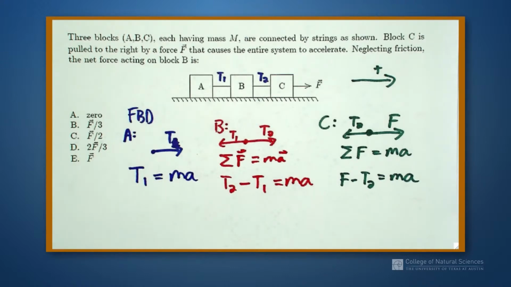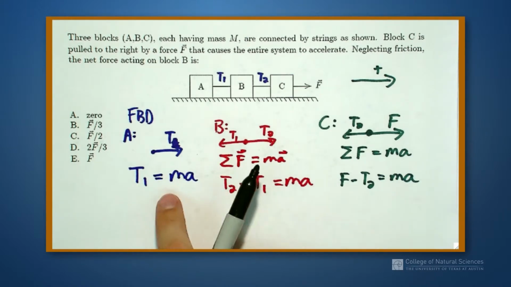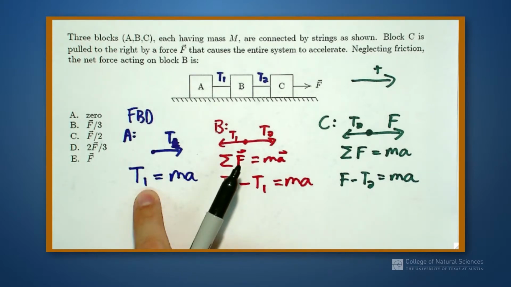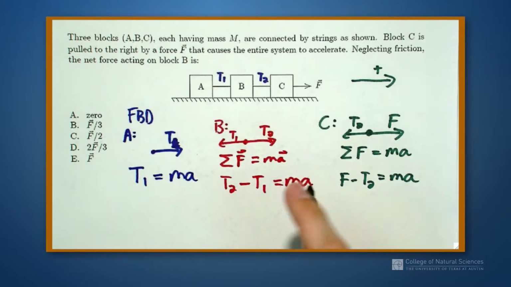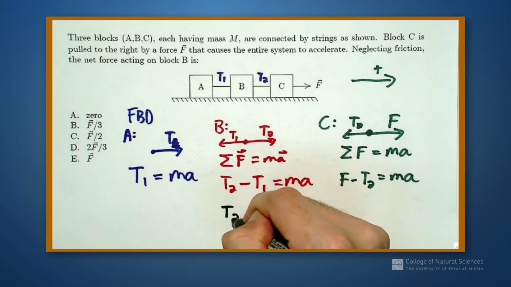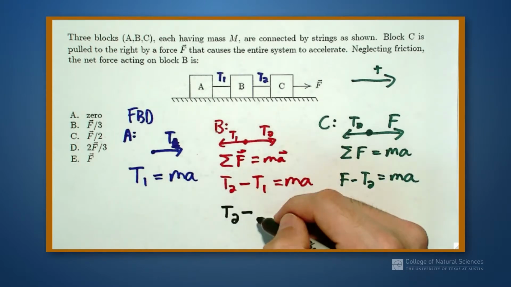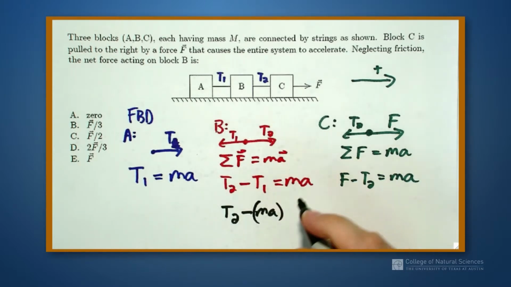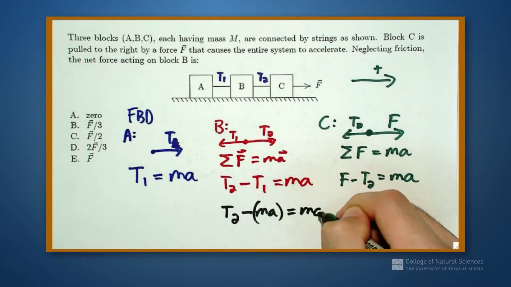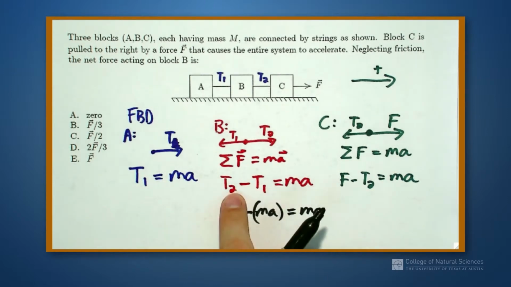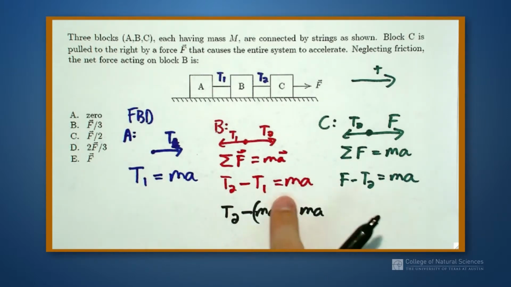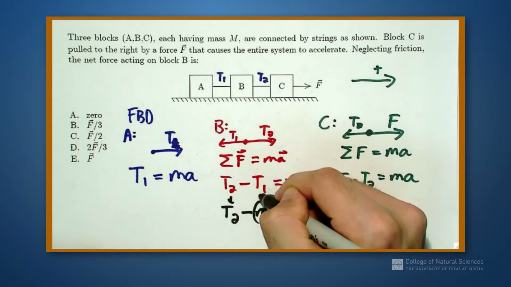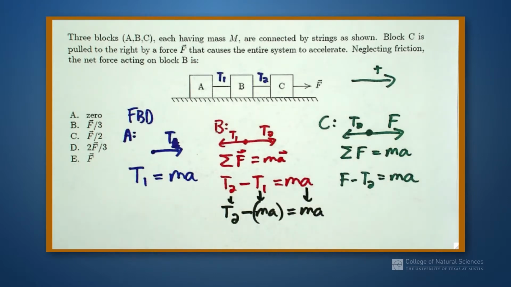So now I have all my equations, and I'm going to start combining them. Anytime I have T1, I can put an MA in there. So I'm going to rewrite this equation. It's going to be T2 minus MA is equal to MA. My tension force 2 minus my tension force 1, which is just MA, is equal to my original MA.